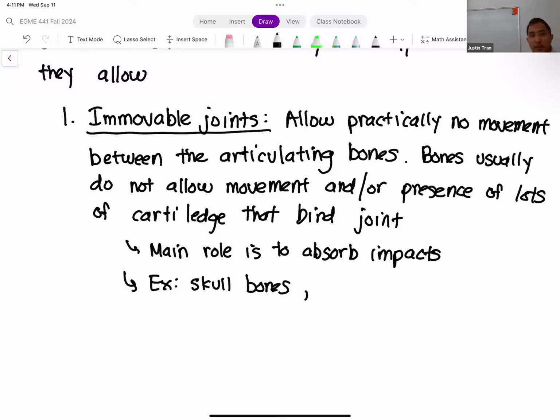Another example could be in either your lower arm or your lower leg. Remember, you have two bones in your lower arm, the radius and the ulna. You have two bones in your lower leg, the tibia and the fibula. Those bones aren't designed to move past each other.